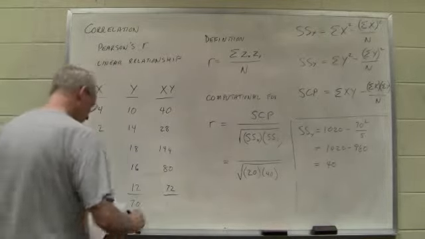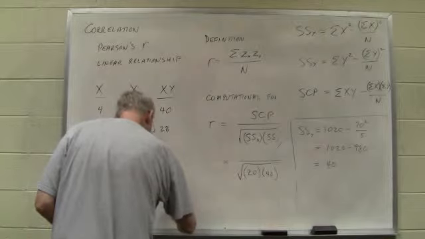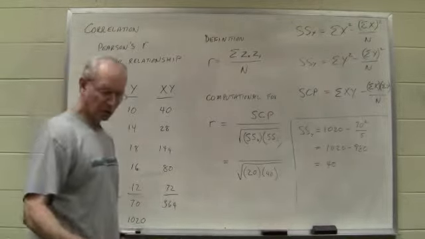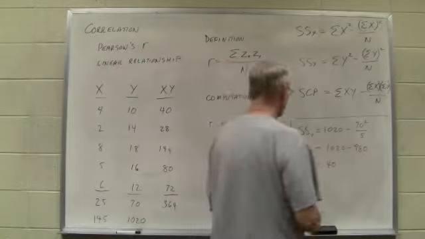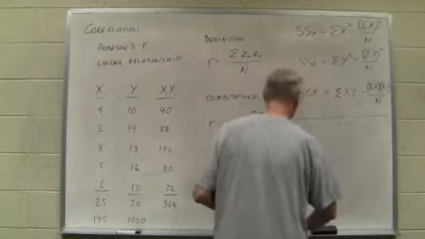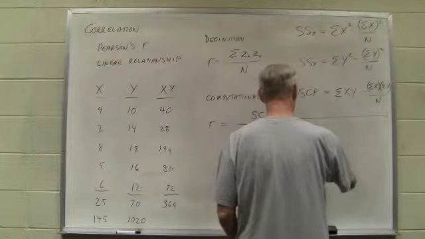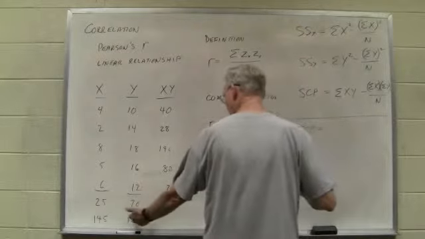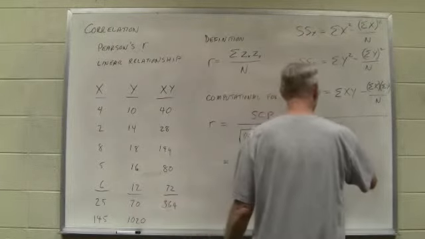If we add those together, we get 364. So let's do the sum of cross products. Sum of all xy's, 364.